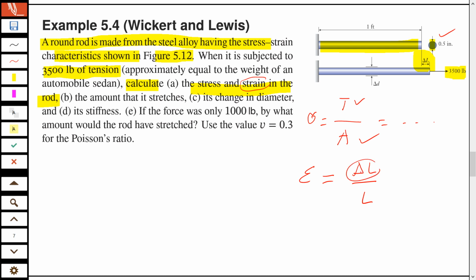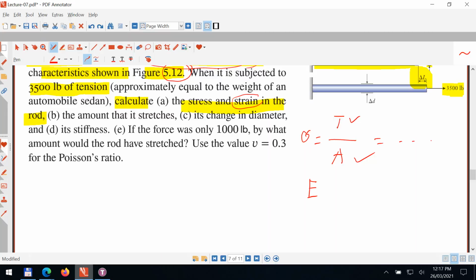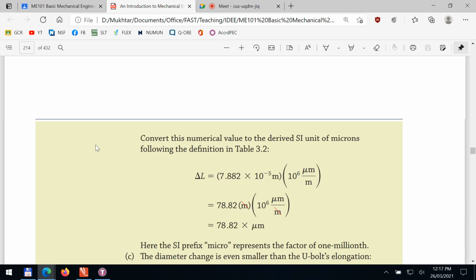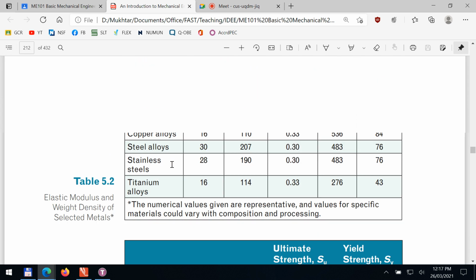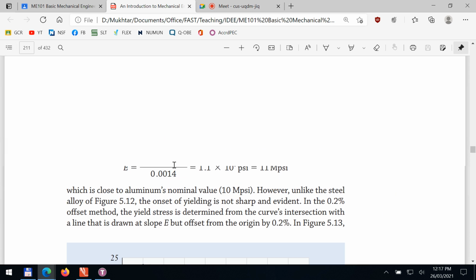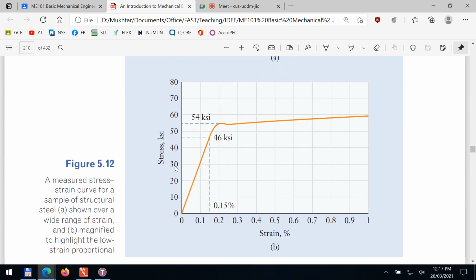ठीक है ना. उस एग्जांपल में ये इसने 5.12 की बात क्यों की थी, याद है आपको? लेट्स गो टू 5.12. ये 5.12 है ना. इसमें आपको इस डेटा से क्या मिल रहा है? कैन यू फाइंड आउट E? यू कैन वर्क आउट E, या E विल बी 46 divided by, याद है?